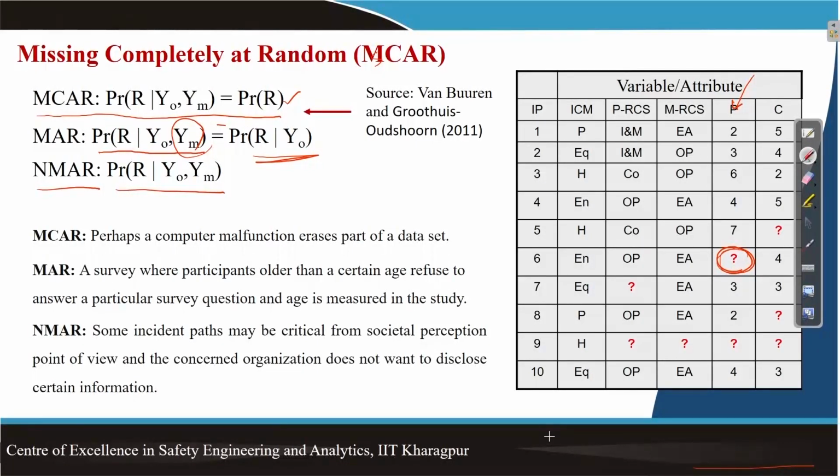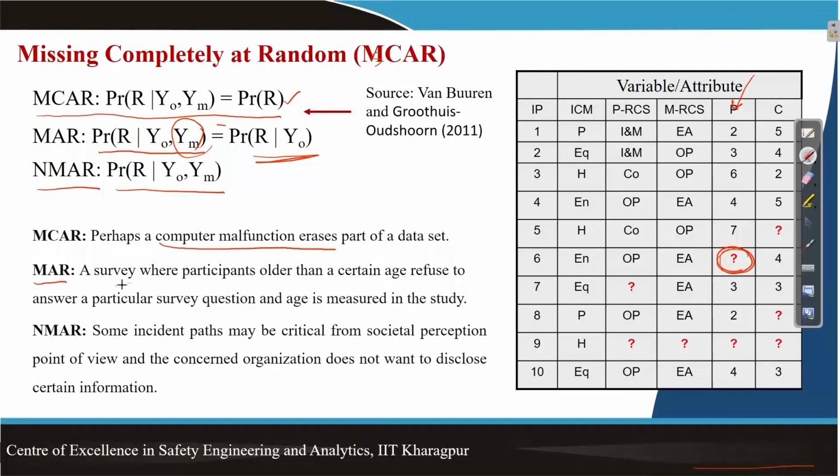Now, if you want to understand some of the examples, suppose the first case, missing completely at random, for example, we can say computer malfunction erases part of the dataset. This kind of situation is random because computer malfunction is a random phenomenon, so erasure of the dataset will be a random one. The second one, missing at random.